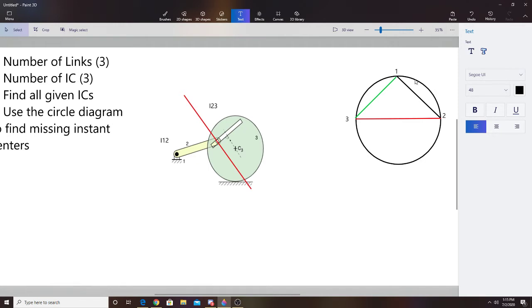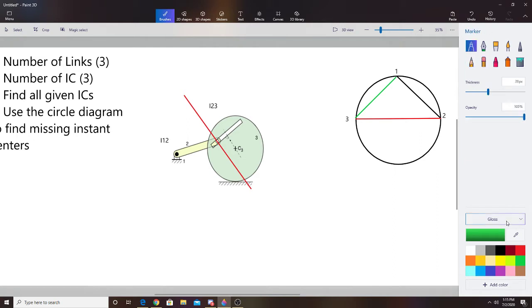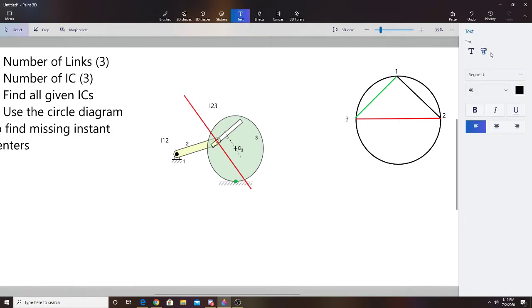And so, this is rolling contact, and therefore for rolling contact, you have the dot right there. That is I12 for our purposes. Or I31, that's my bad. I31 is right there at that location.